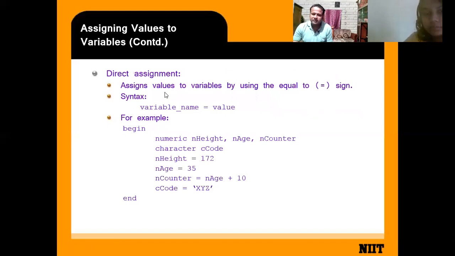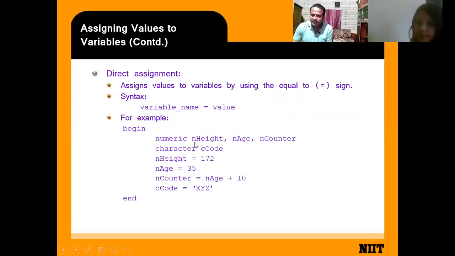So what is direct assignment? If you notice here, we first define the variable name equals to value. First of all, we define a data type, numeric, and when you define numeric, you have to store numbers. What numbers? Like height, age, counter.